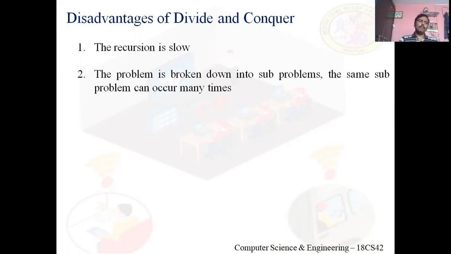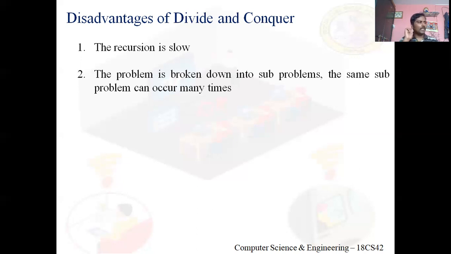Finally, when there is no more further invocation, it means the solution for that particular subproblem has been obtained. Now what happens? The data that have been stored in the stack need to be popped, need to be removed.